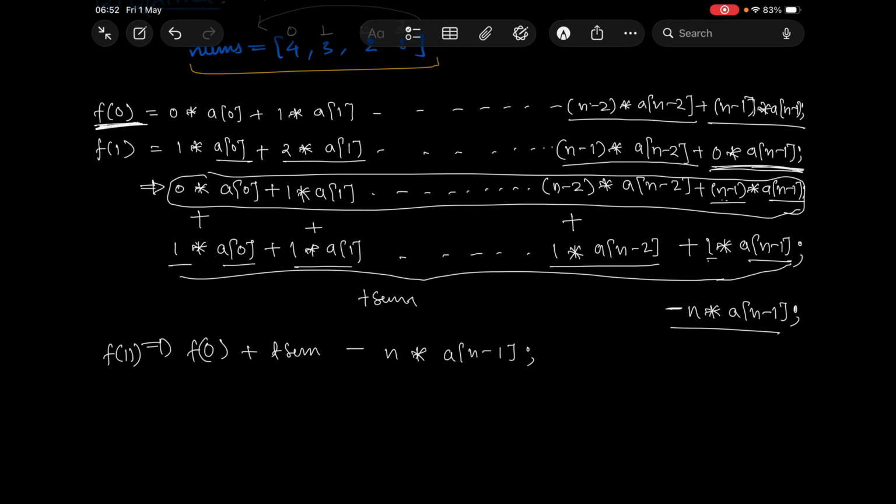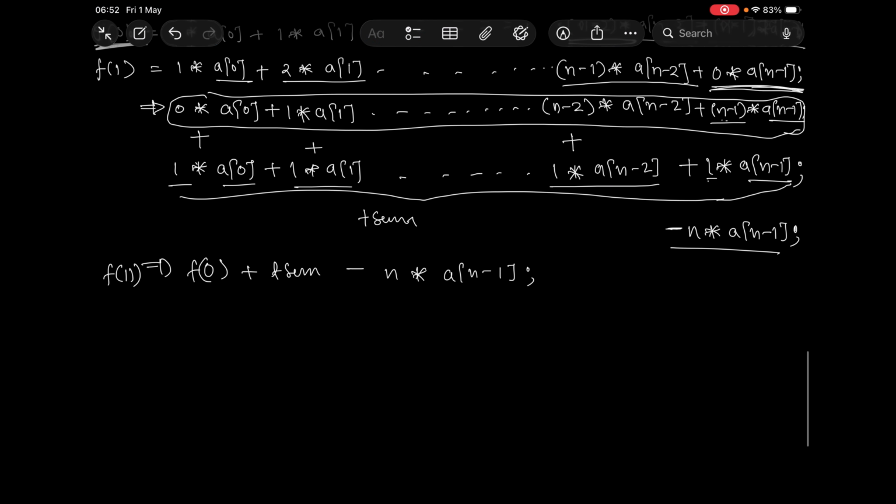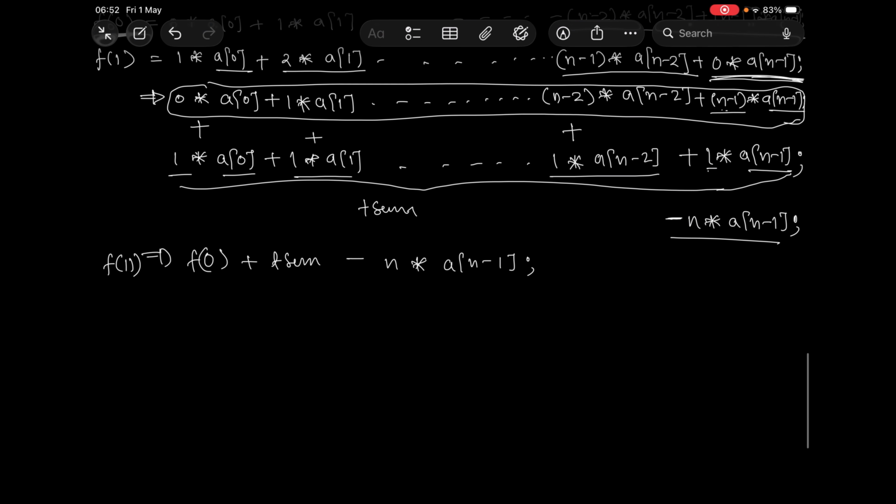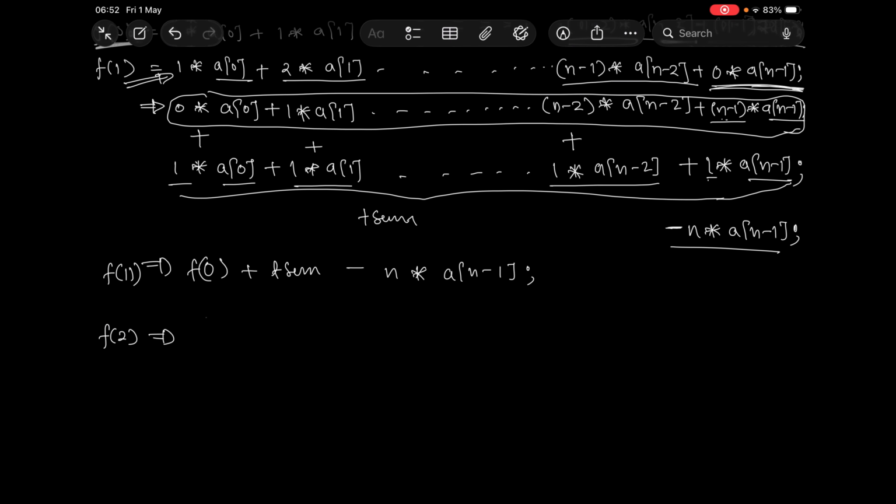Now, just for the derivation purpose, I will do one more, that is for f of 2. Similarly, normally f of 2 looks like 2 into array of 0 plus 3 into array of 1, and so on.